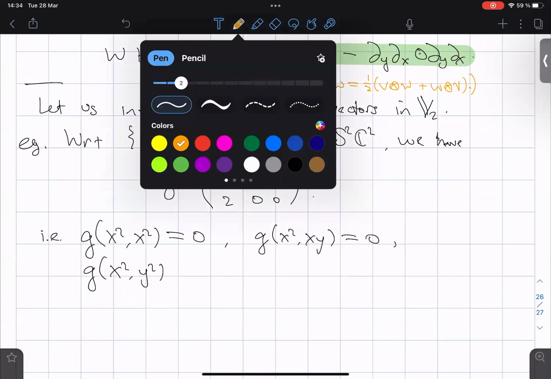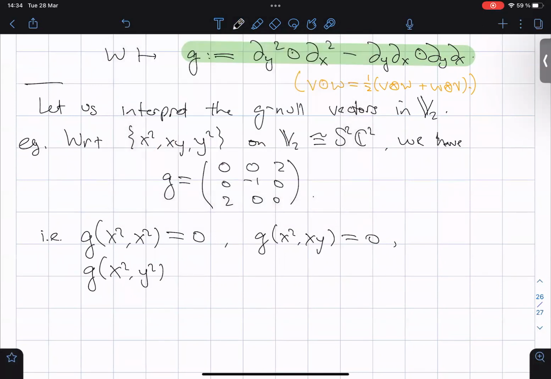Okay, so let's just see that this gives this coefficient over here. This is a symmetric tensor product. Okay, so this is 1/2.